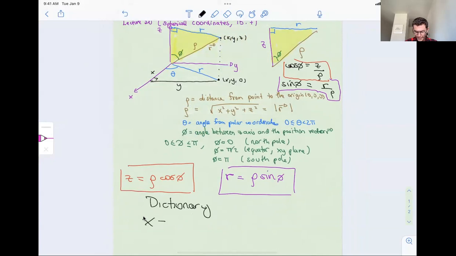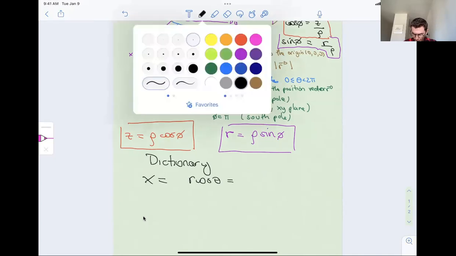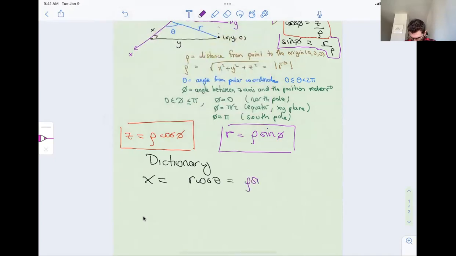Remember that x was r cosine of theta in polar or cylindrical, but r becomes rho sine of phi, right? Let's put it like this.